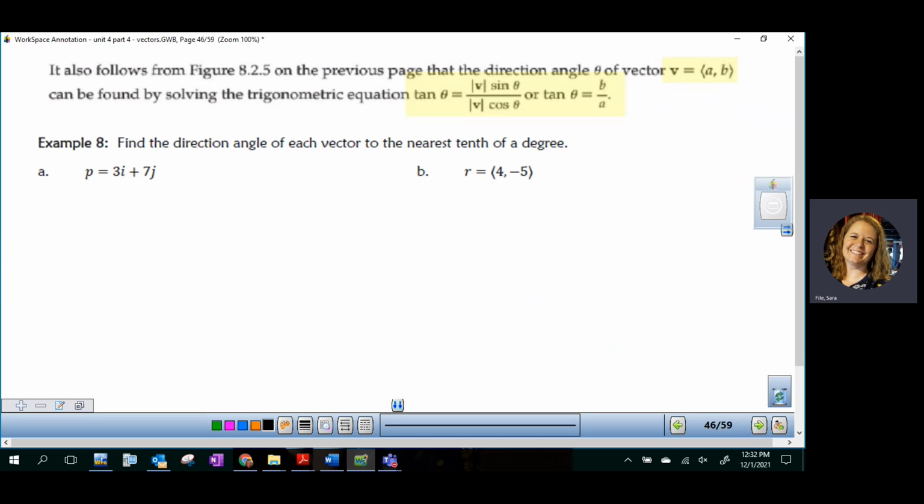Let's try finding an angle. So that was, given the magnitude and the direction, find the component form. Now here we're given either the linear combination or the component form, and we want to work backward to find the direction angle. We know from all semester of trig that tangent is the vertical divided by the horizontal, right?